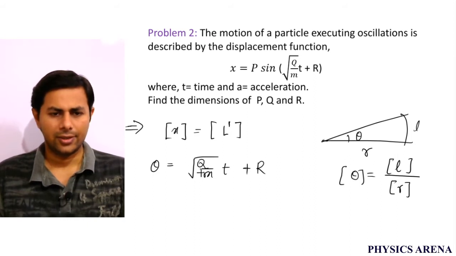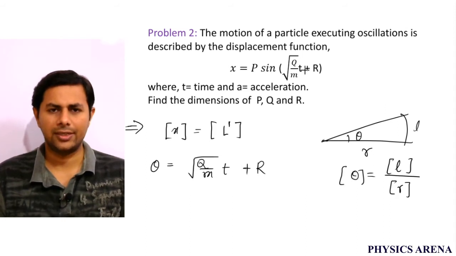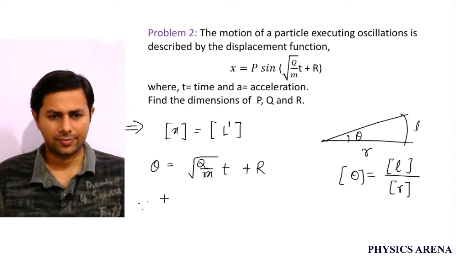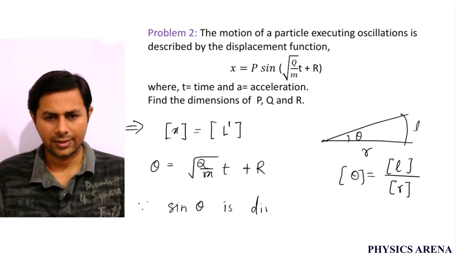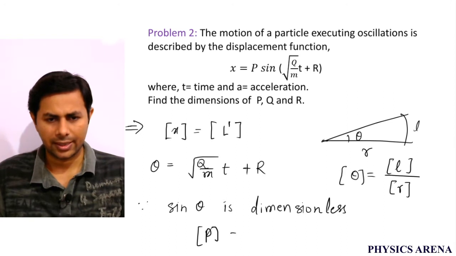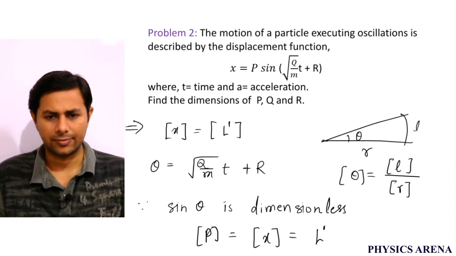So this term is dimensionless, and therefore sine theta is just a number. Since sine theta is dimensionless, I can say that the dimensions of p are equal to the dimensions of x, and that is just L^1.